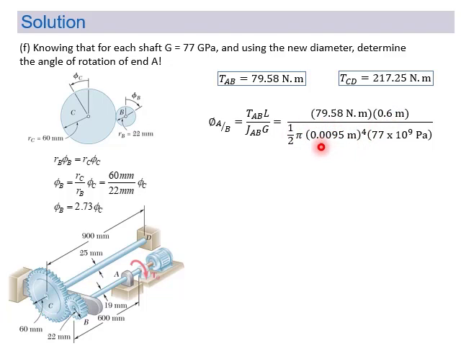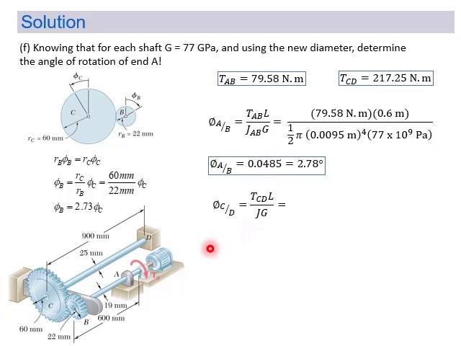J is the polar moment of inertia. The diameter is 19, so the radius is 9.5 millimeter. This is the shear modulus. After calculating, you will get the twisting angle of shaft AB is 0.0485 radian, or equal to 2.78 degree. As the motor is giving a torque, shaft AB will automatically be twisted 0.0485 radian. So that is what happened.